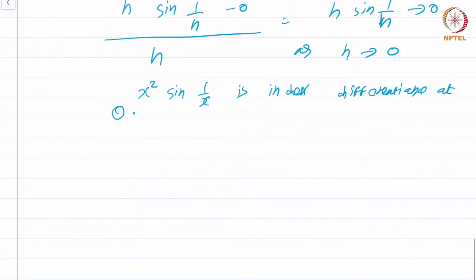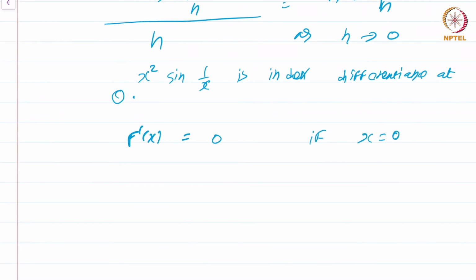Now let's try to figure out what the derivative's behavior is. We already know that f prime of x is 0 if x is 0. What about other points? Well, we can use the product rule, chain rule, and so on.